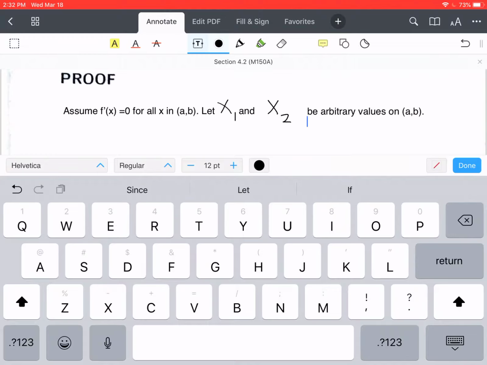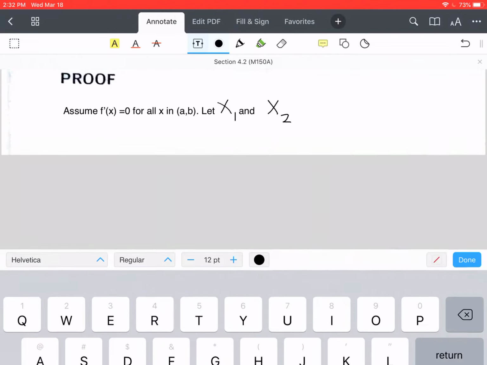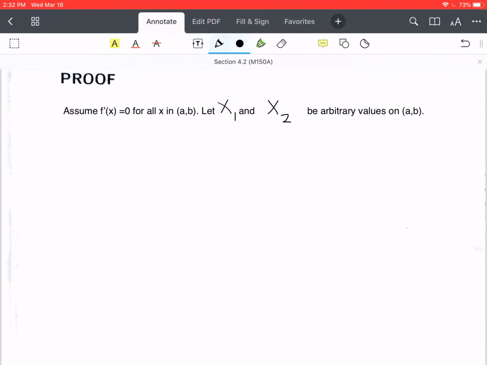And we're going to assume x1 is less than x2. We say without loss of generality. So one of them has to be smaller than the other, so we'll just let x1 be the smaller one. That's kind of a minor point.